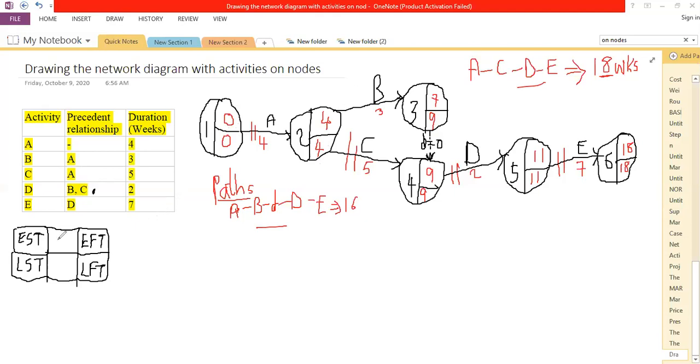Then what do I fill in at the middle portion of my rectangle? Here I'm going to put the name of the activity, and on the lower end, I'll put the duration.